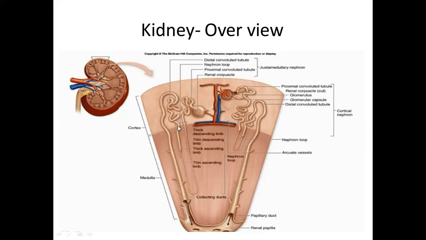cortical region of the kidney, and there it forms again a convoluted tubule, which is termed the distal convoluted tubule. This distal convoluted tubule, which is not shown in this micrograph, has to travel near the vascular pole of the renal corpuscle of the same nephron. In this schematic diagram it is not shown here.